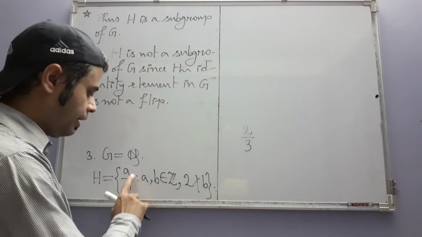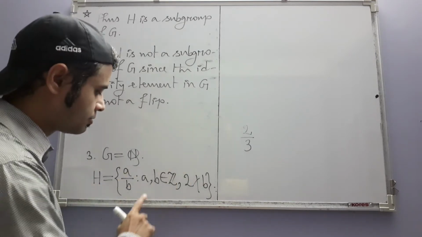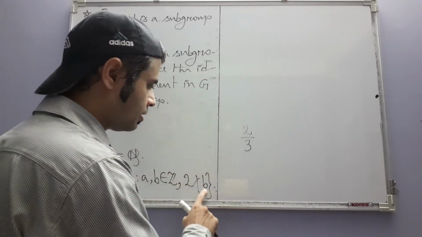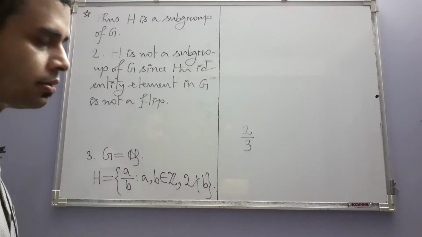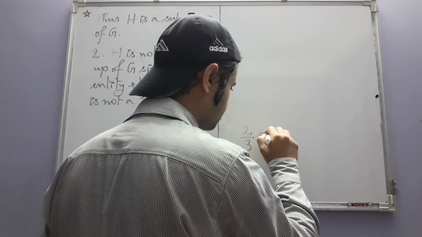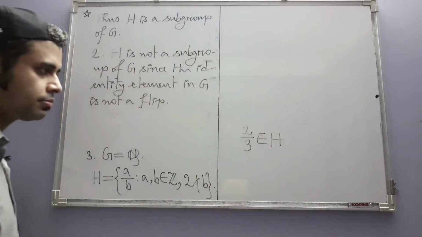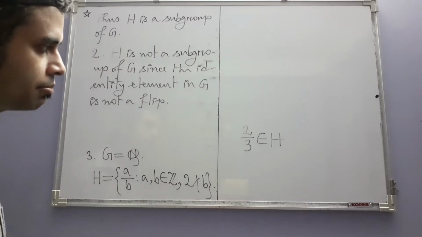So A and B, you have 2 in place of A and 3 in place of B now. Both 2 and 3 are integers and the denominator 3 is not divisible by 2. So fine. So 2 divided by 3 should belong to H, because all the conditions are satisfied for this rational number.